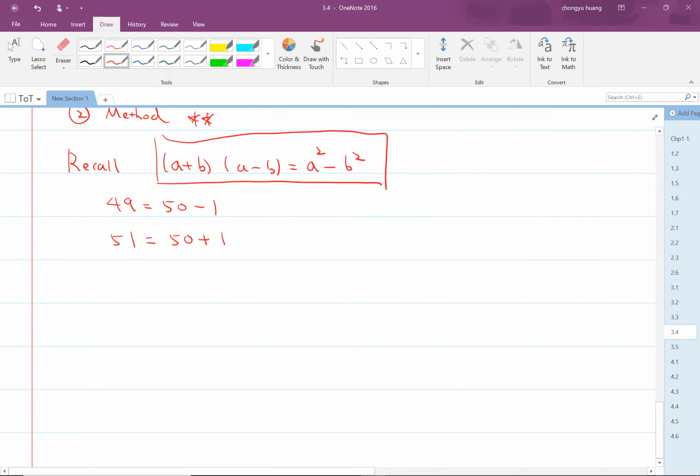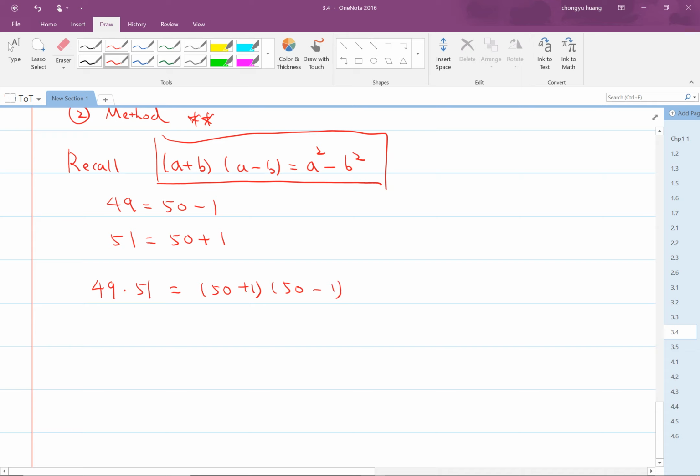So you can write 49 multiplied by 51 as 50 plus 1 and then 50 minus 1.